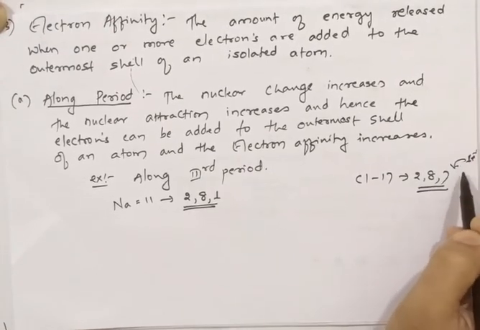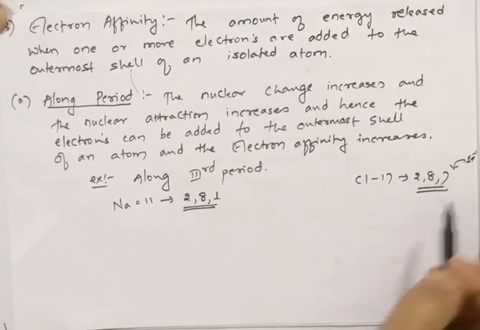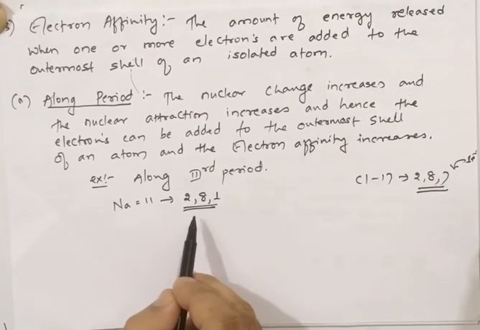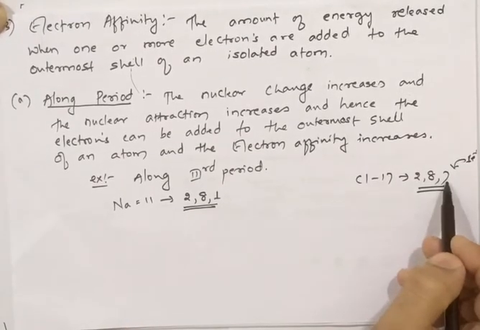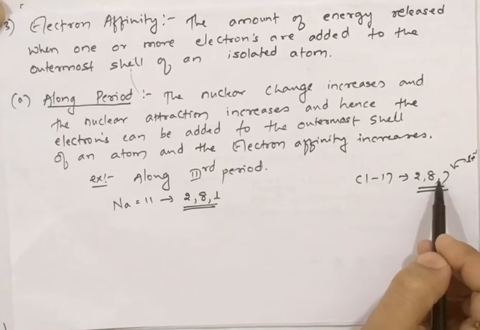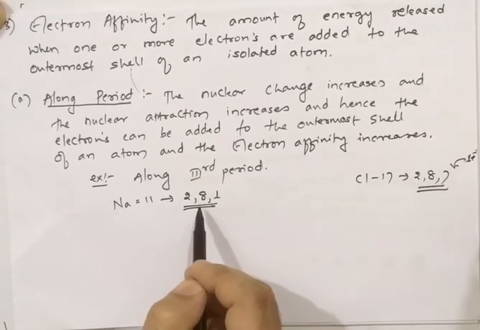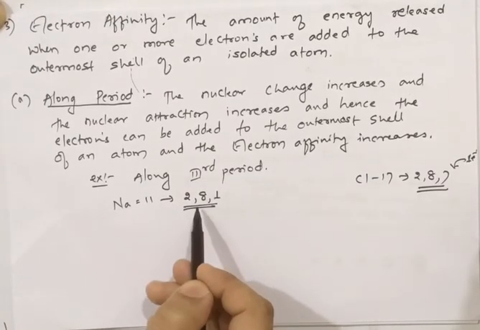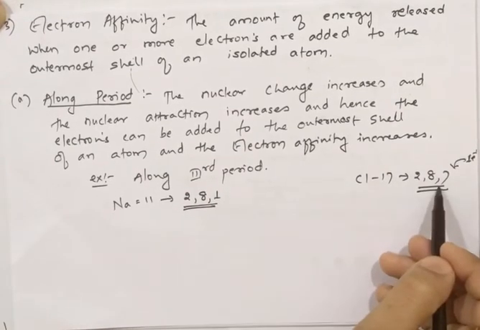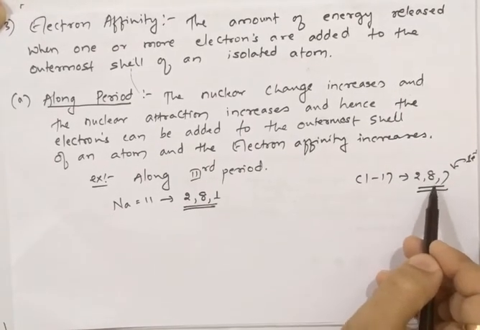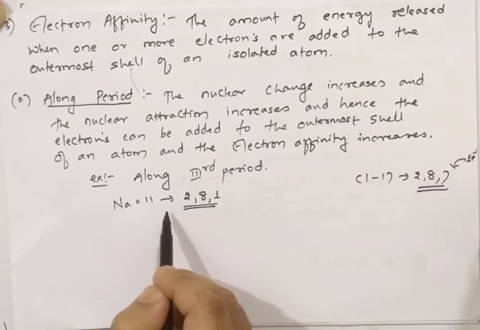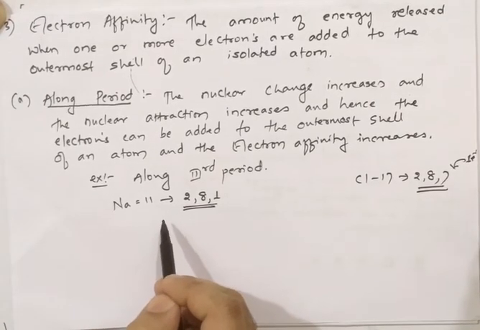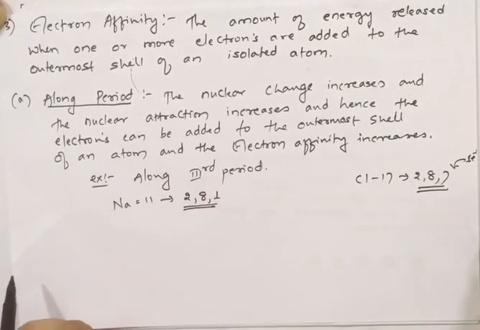If this is accepting electron, then it is releasing energy. This is not accepting electron, so this will not release energy. If this is releasing energy, then this electron affinity is more than that of sodium. Okay, so this is along the period.